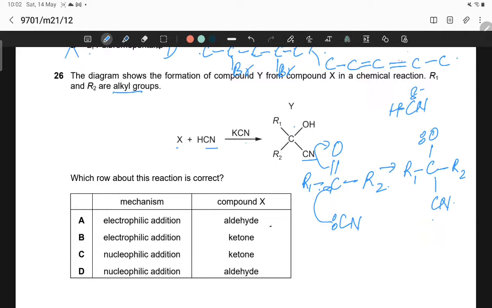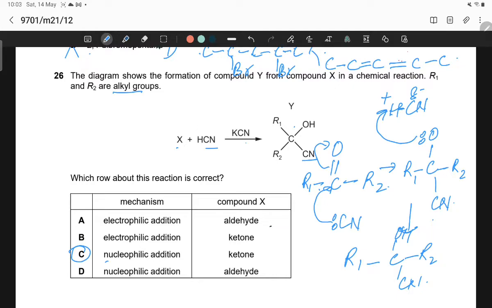So partial negative, partial positive, and this is R1, C(OH), R2 and CN. So this could be a ketone. CN is a nucleophile, so nucleophilic addition, and not aldehydes. Option C is correct, nucleophilic addition and ketones.